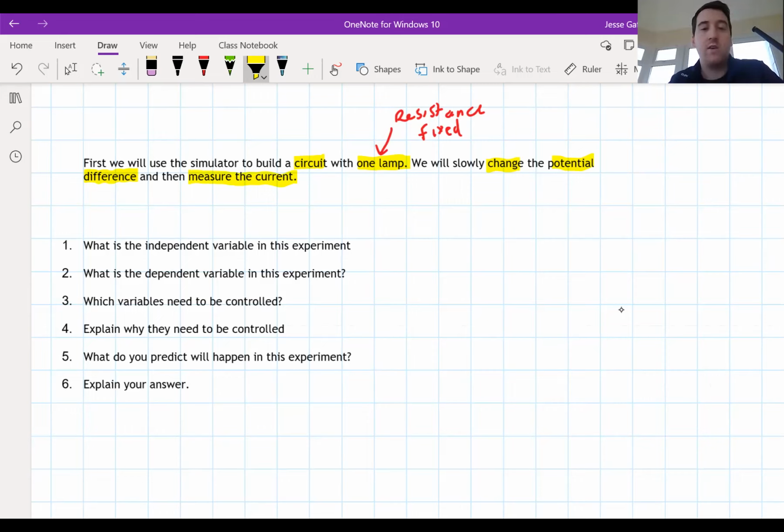Right, so pause the video and do the first 3 questions. You have to say what the independent variable is, what the dependent variable is, and what the controlled variables are. Okay, so pause the video and do that now, please.